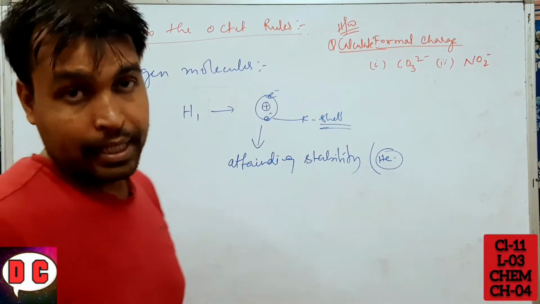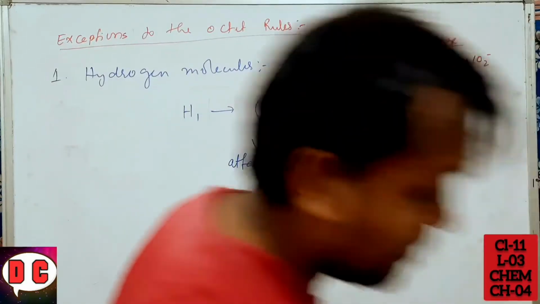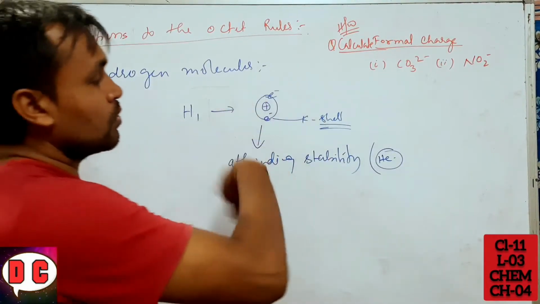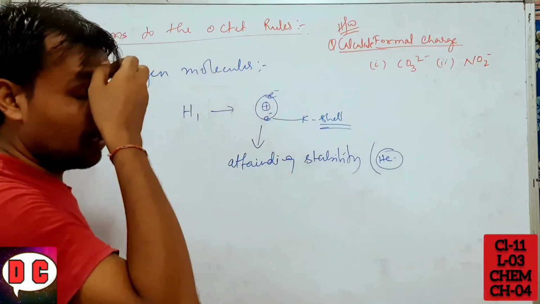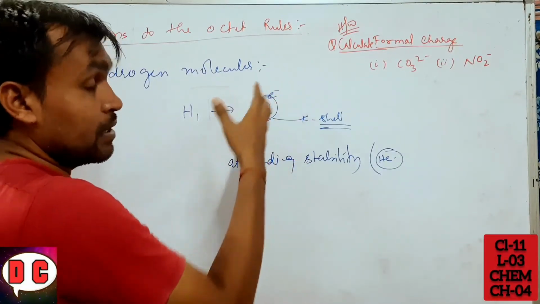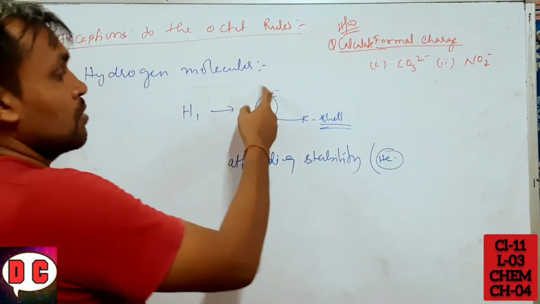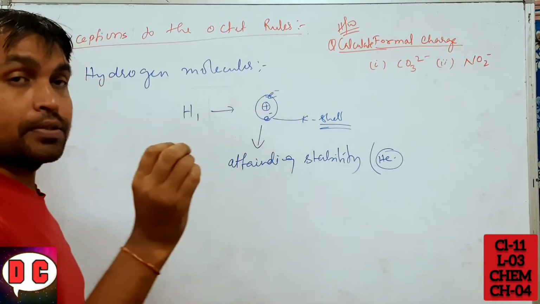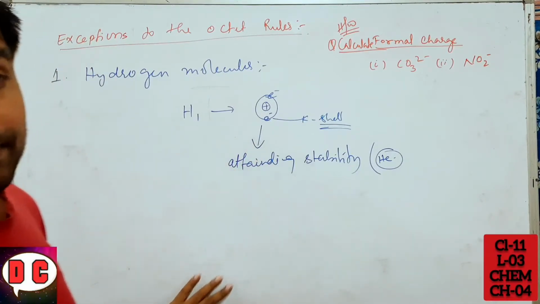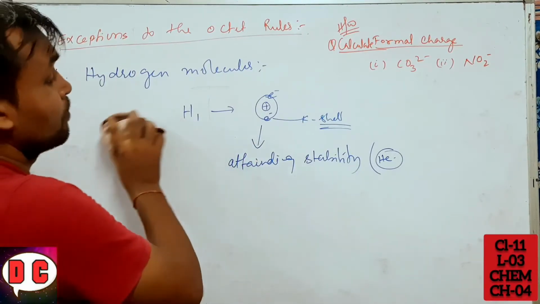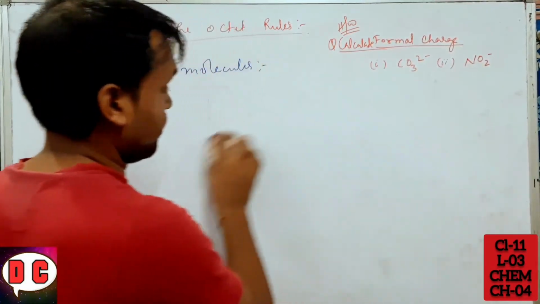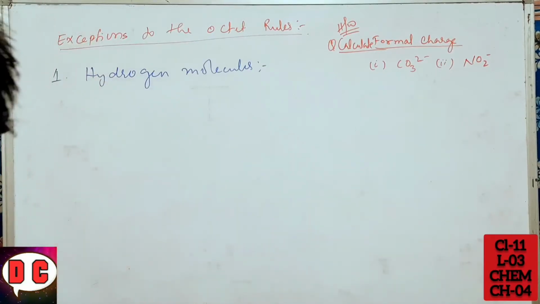Hydrogen has atomic number 1, and here with 2 electrons only, stability is attained. So here the octet rule is compromised, with some exceptions made in the case of hydrogen molecules.